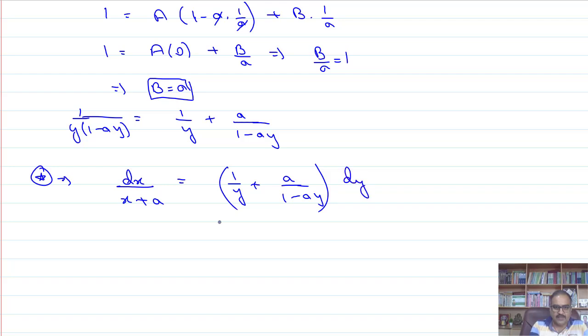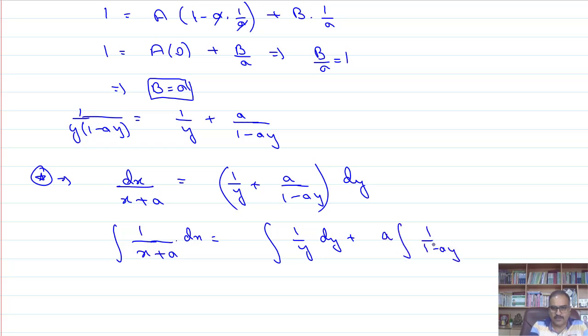Integrating both sides, the integral of 1 over x plus a dx is equal to the integral of 1 upon y dy plus a common 1 over 1 minus a y dy. So the integration of this part will be log of x plus a, of this part will be log of y.